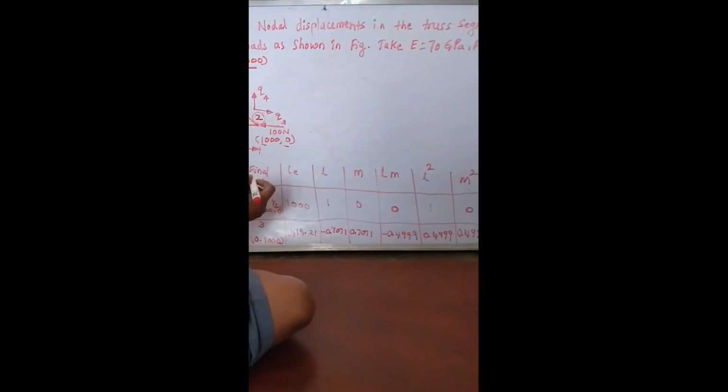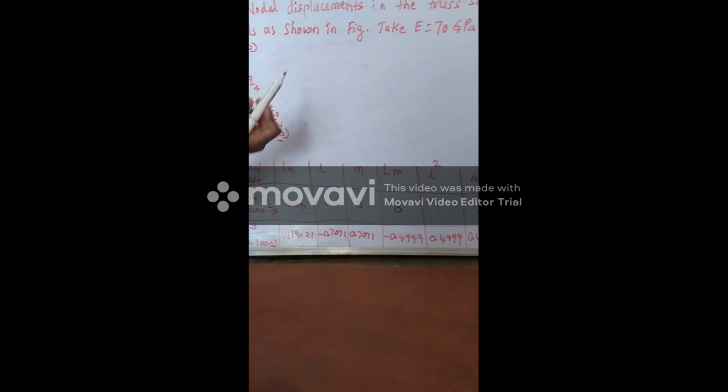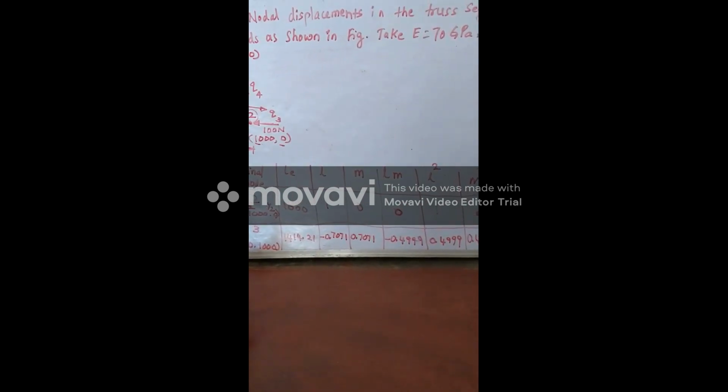So now we have the element connectivity table and nodal data. I have erased the nodal data table.